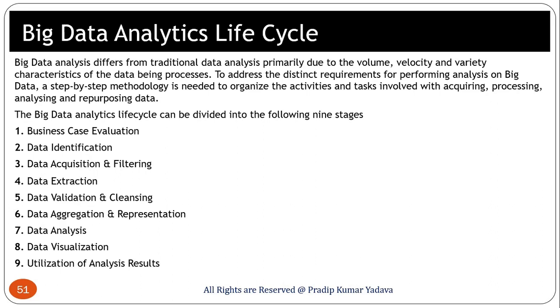Data extraction means to find out valid data from those unfiltered data. Data validation means we have to validate every data, whether it is as per requirement or not. And representation means how we are going to represent the data, then we have to analyze the data.